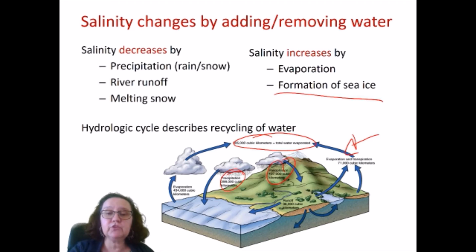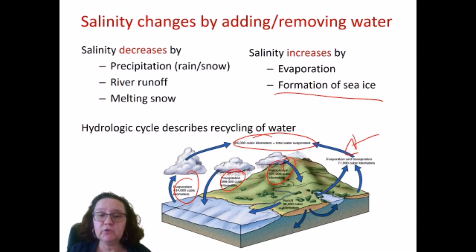How can a water body lose water? Well, by the process of evaporation. If you're inland, you have two processes that can remove water from the land and put it back into the atmosphere: evaporation, as in the previous case, and also transpiration, in which plants are involved.